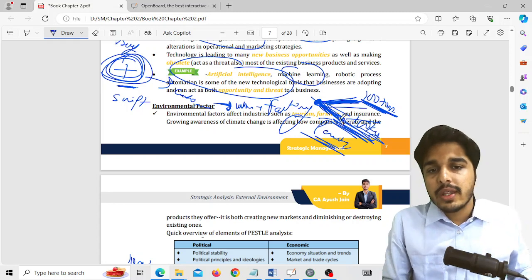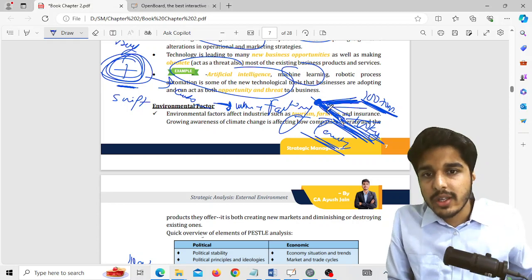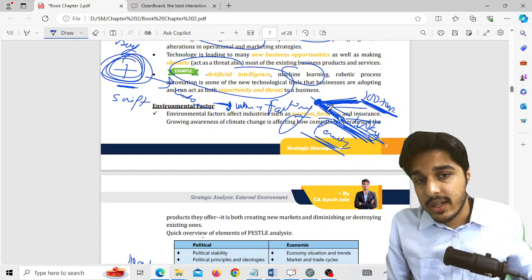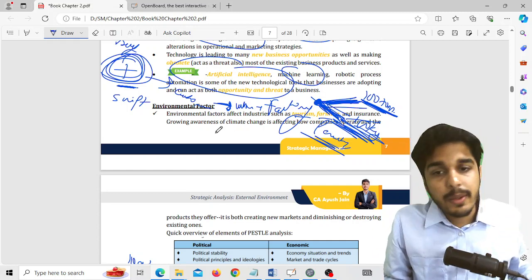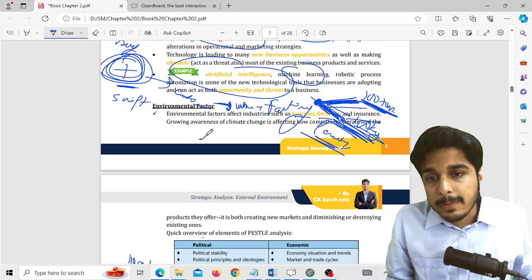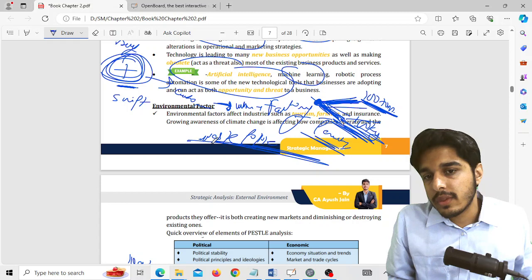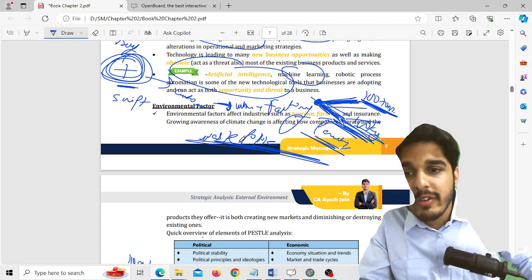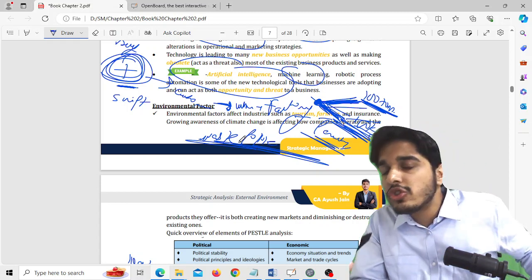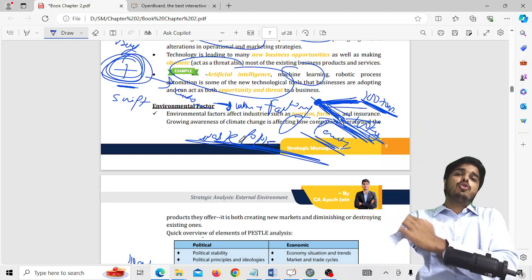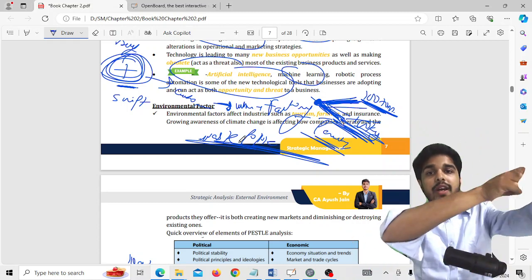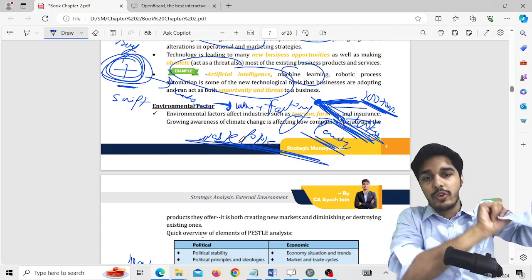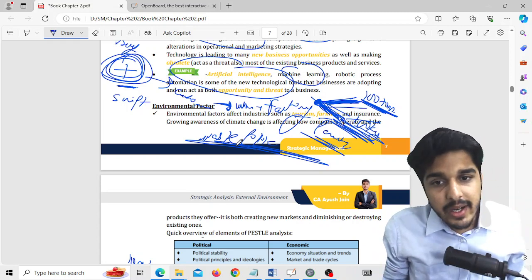Because the more you produce the product, the more the factory will pollute the environment. So this is a type of environmental factor. Next thing, I can also say that suppose the government brings a policy that for every 100 ton of production you have to do 100 plants of plantation.